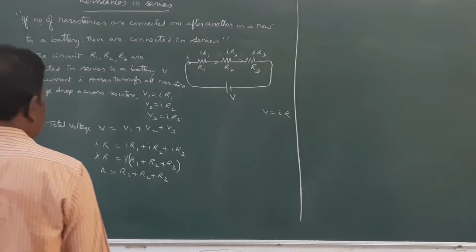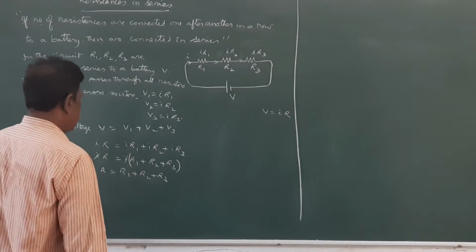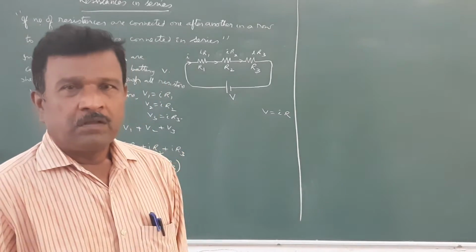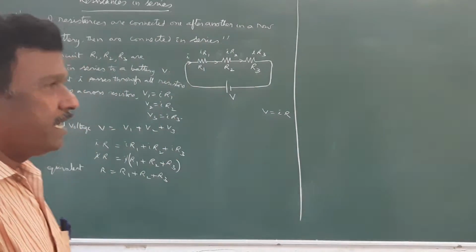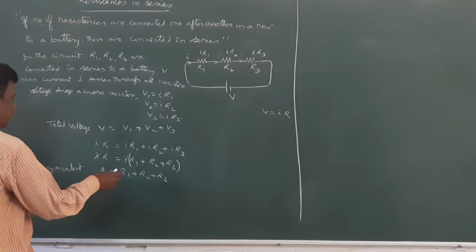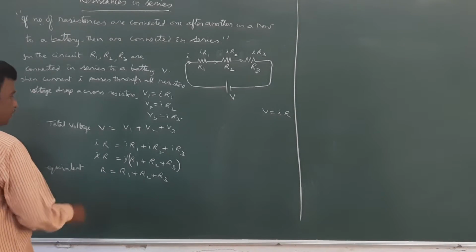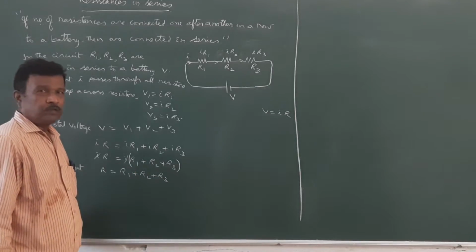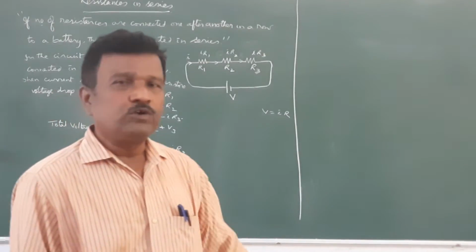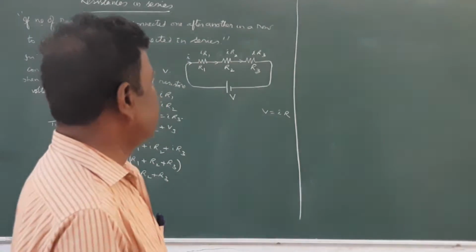Generally, decorating lights are connected in series. Where we require more resistance, those have to be connected in series.